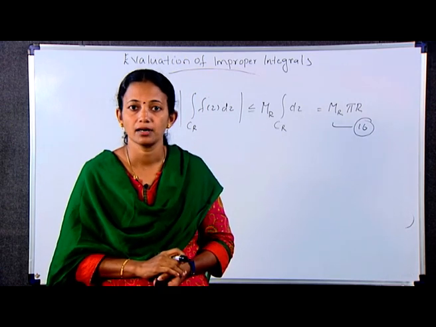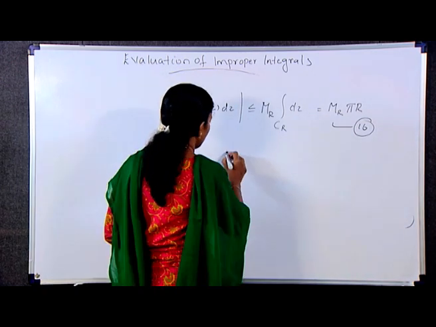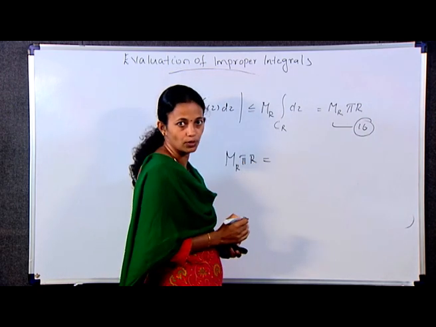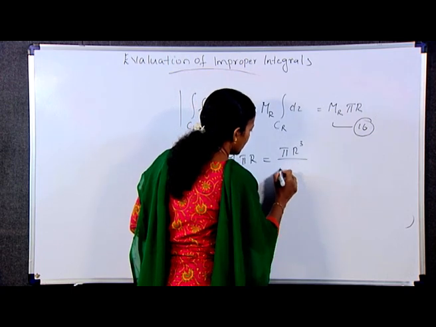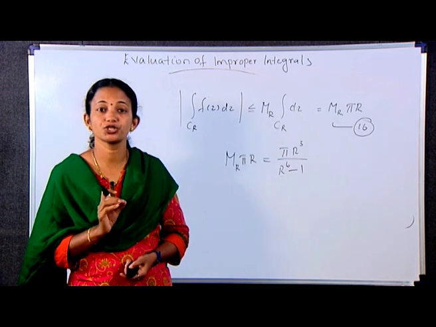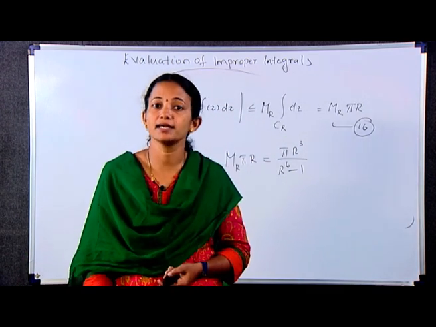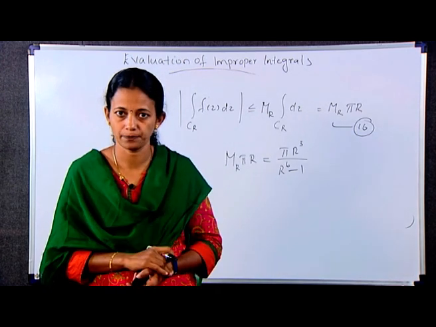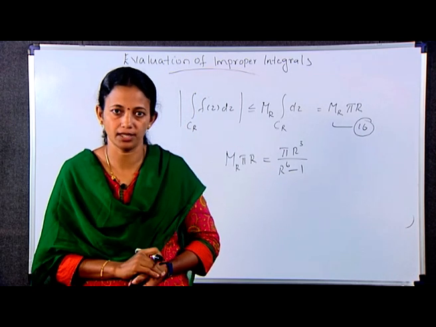Since the number Mr pi r, which is equal to pi r cube by r raised to 6 minus 1, is a quotient of polynomials in r, and since the degree of the numerator is less than the degree of the denominator, that quotient must tend to 0 as r tends to infinity.